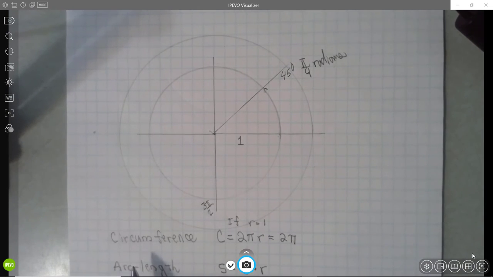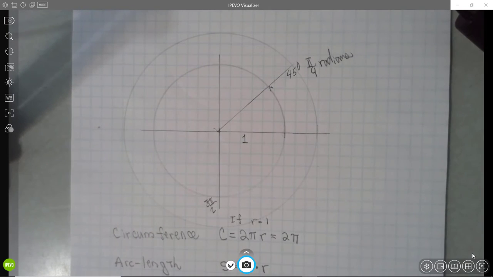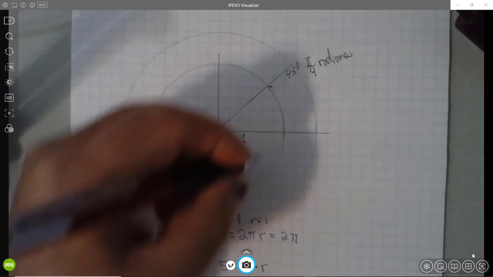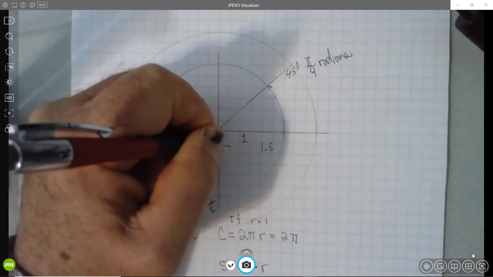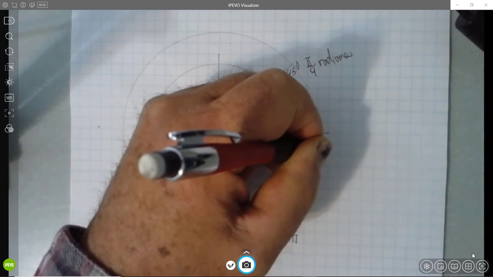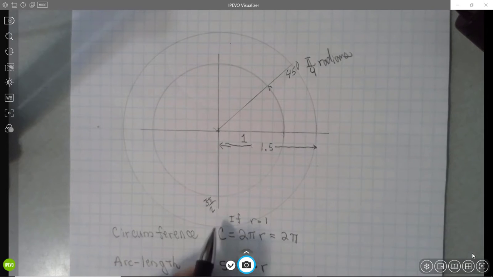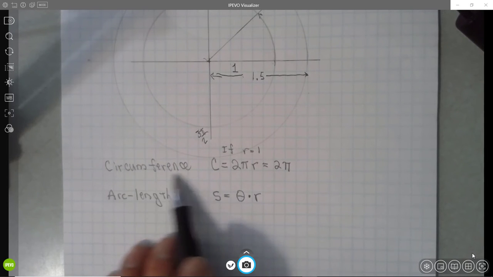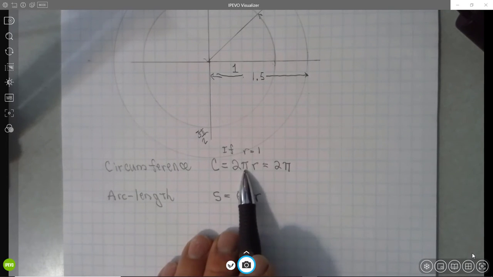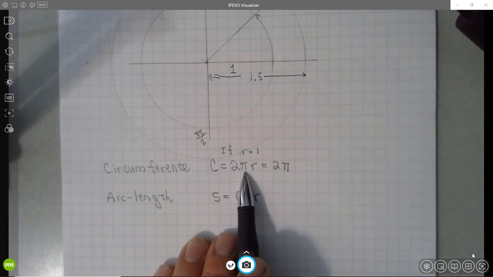Well, that's all well and good if the radius of your circle is 1, but what if it's more? I've drawn another circle here now, and if this radius is 1, then this one would be 1.5 out to here. So now, why are radians so convenient? Well, the reason is that in the formula for circumference, you notice that 2 pi in there? That is really an angle in disguise.